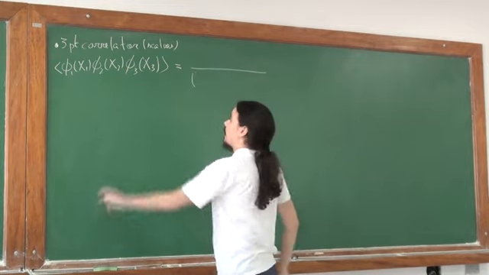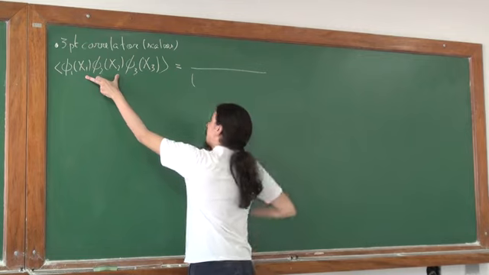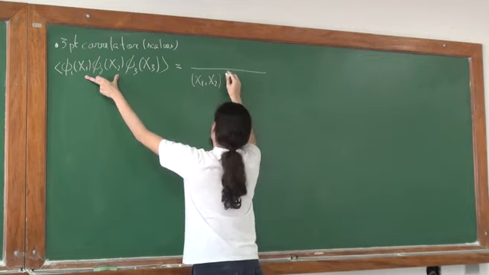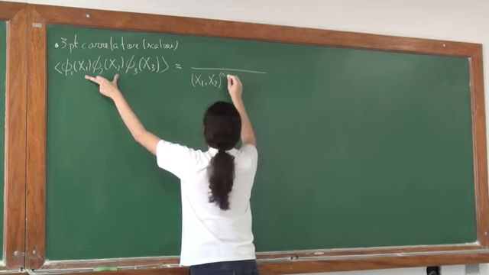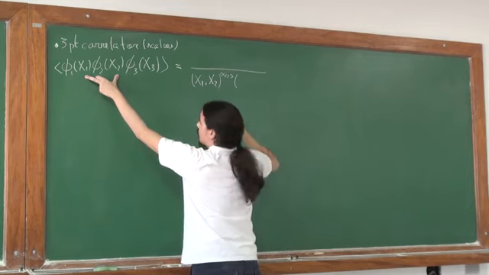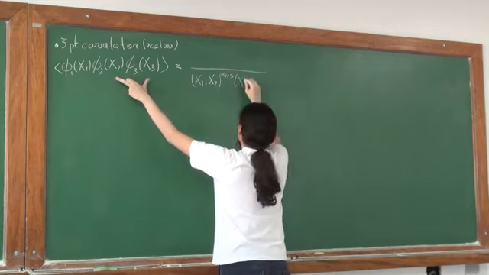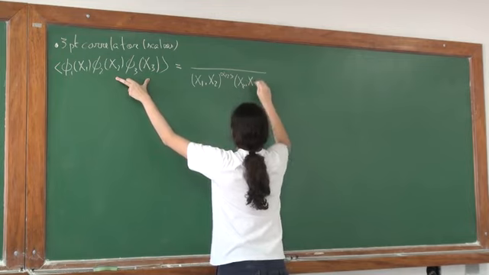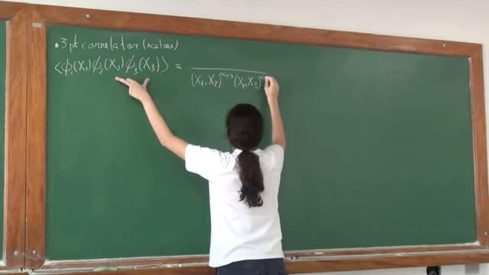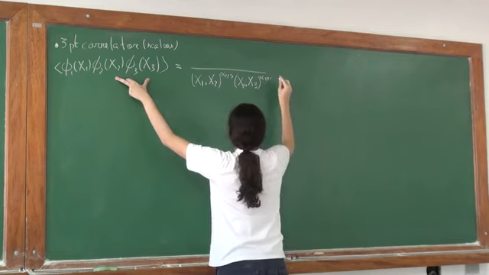Okay, I can make a scalar product between x1 and x2 with a coefficient alpha 1, 2, 3 here. Then I can make a scalar product between these 2 guys with another coefficient alpha 2, 3, 1.